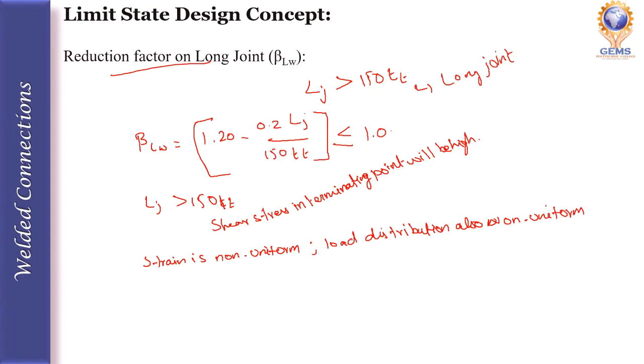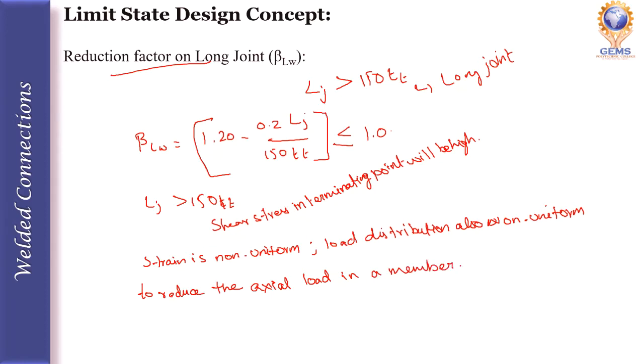So if the shear stress at the terminating point is high, strain will be non-uniform and the stress distribution also non-uniform. In order to avoid that, we use the reduction factor to reduce the axial load in the member.